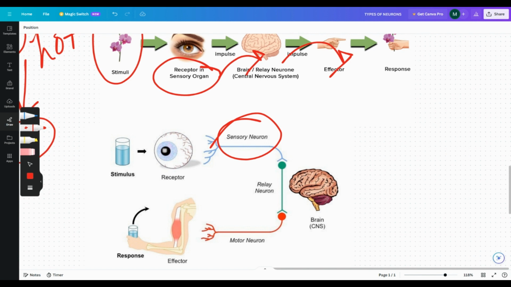And then the brain relays that information. Relay neuron is basically the interneuron which we talked about. So the brain relays that information through the motor neuron, and then the response is that you pick up the glass of water and drink it. That is the work of the motor neuron.